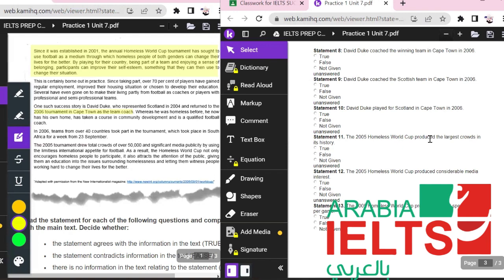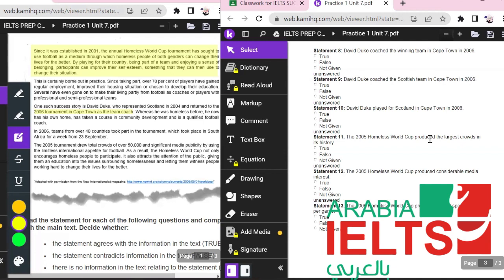Correct, you're right. Now, compared to the history? No information, not given. Correct, great job. So there's no information about the crowd size in other years. So this one is not given, NG.